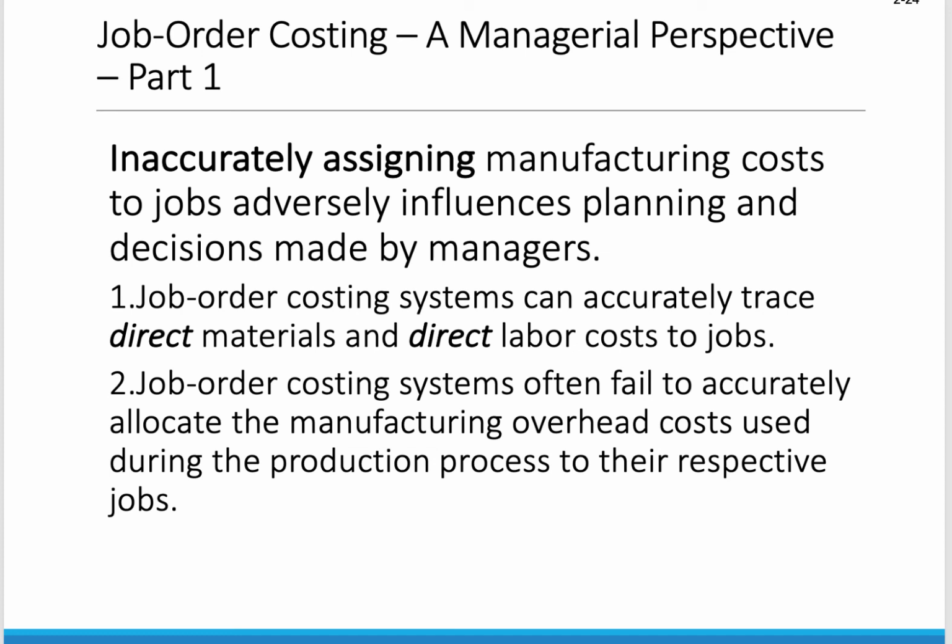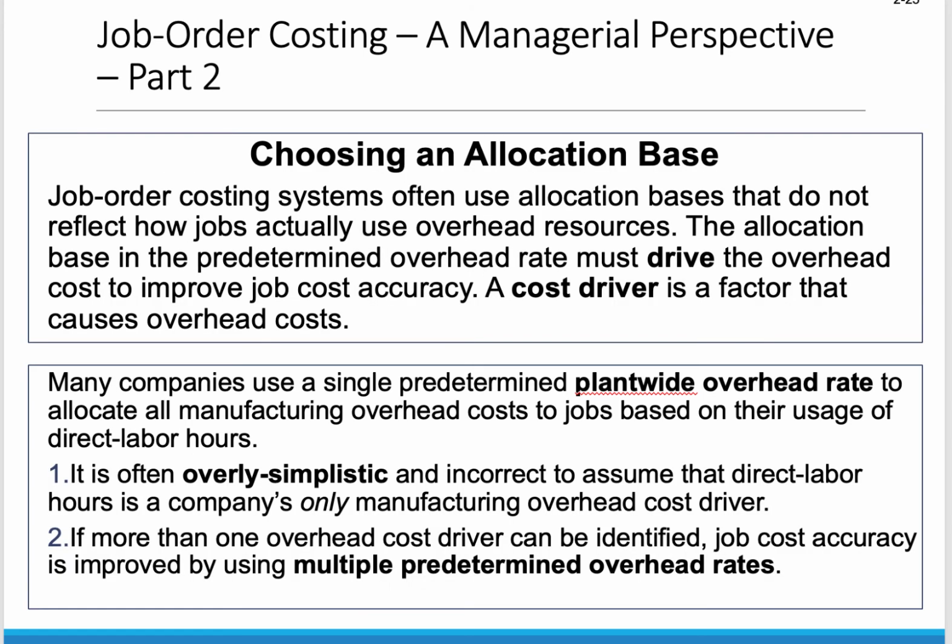So that is one issue with job order costing, and that's the estimation process: accurately estimating what those overhead costs are, and the amount of the allocation base. If we have bad estimates, our costing is going to be either over costed or under costed.